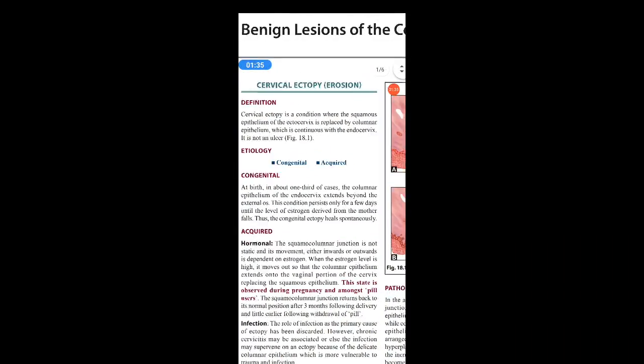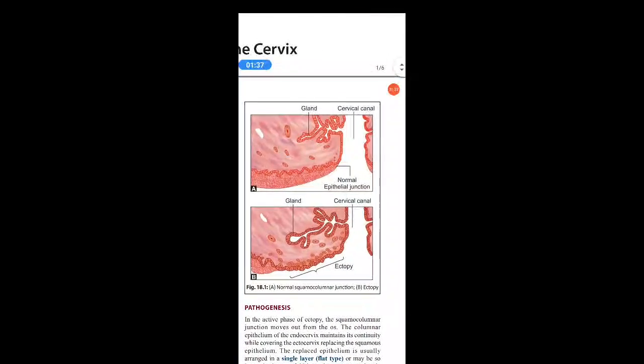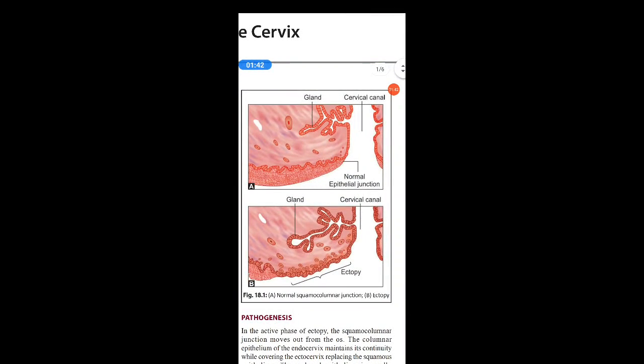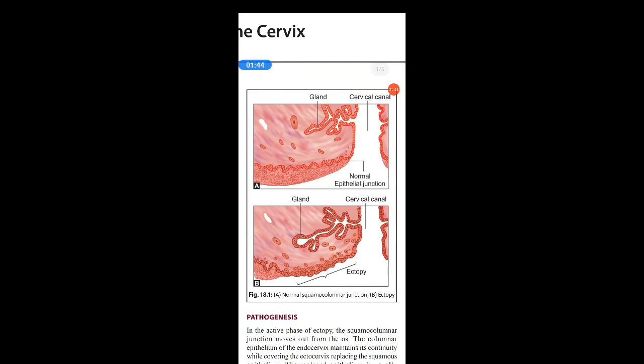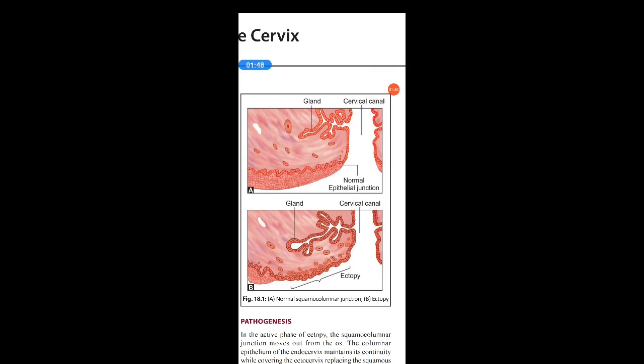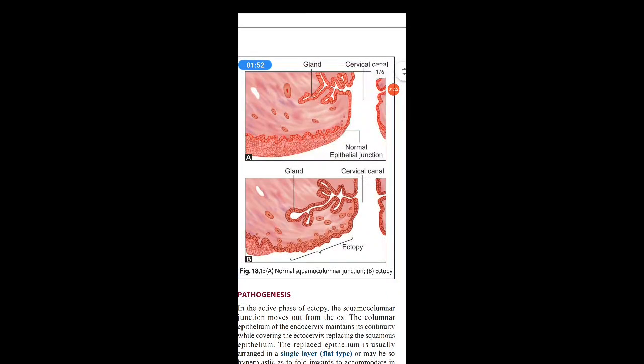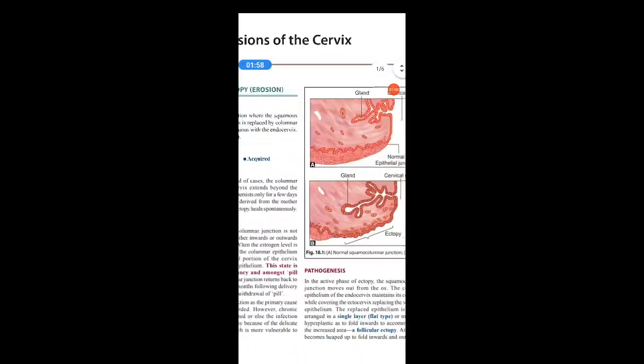This condition is called cervical ectopy or cervical erosion. In the diagram, A shows the normal squamocolumnar junction, whereas in B you can see ectopy of the cervix, where the squamous epithelium is replaced with the columnar epithelium of the endocervix.